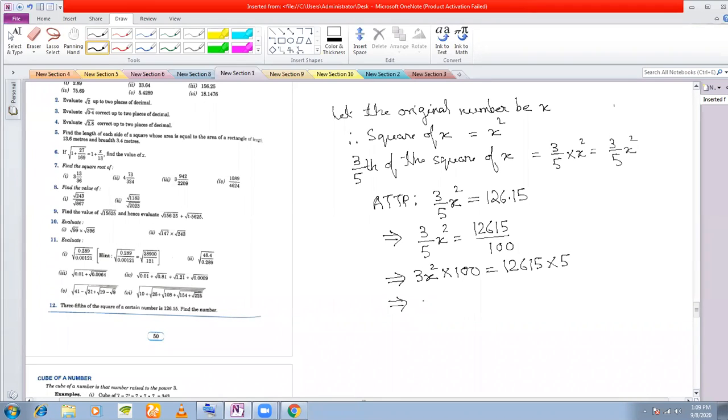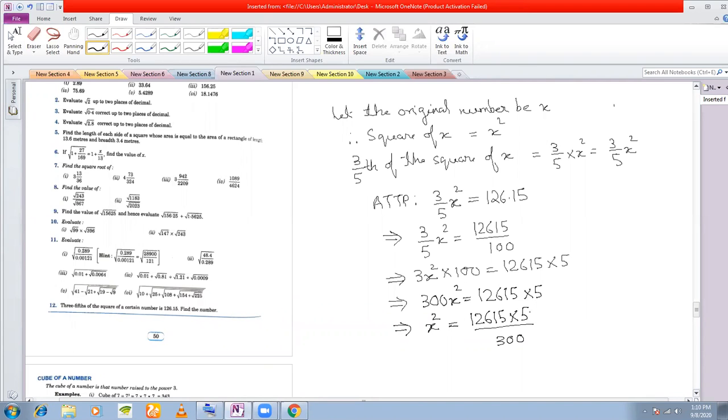So this is 300x square is equal to 12625 into 5. We'll not multiply this, keep it as it is. We'll see what we can do with this. X square is therefore 12625 into 5 divided by 300. Okay, so this is what x square is.